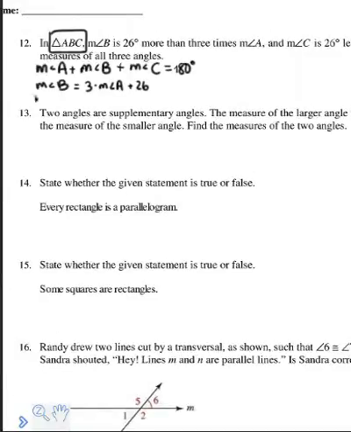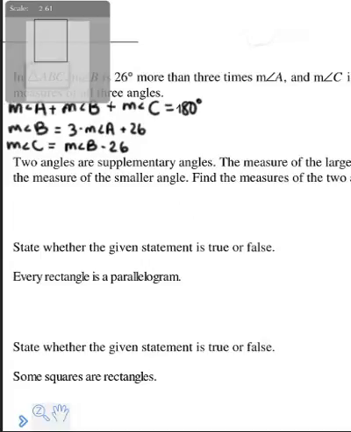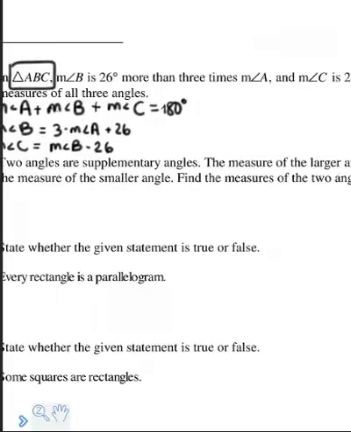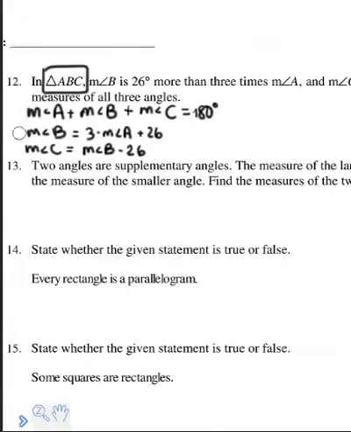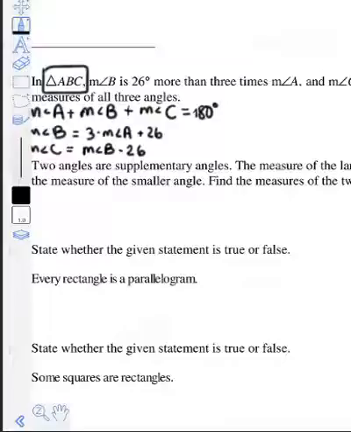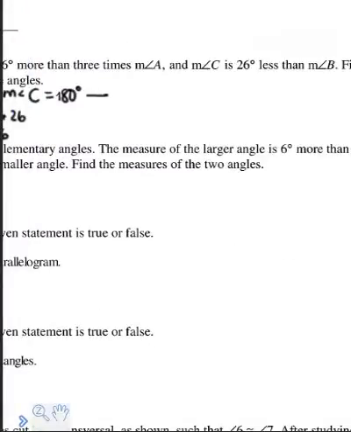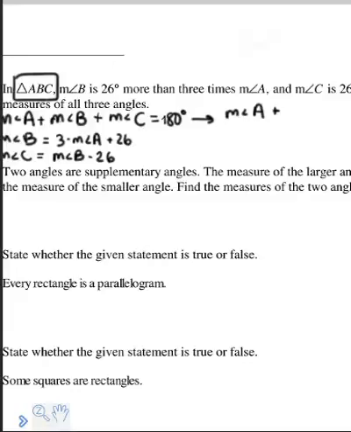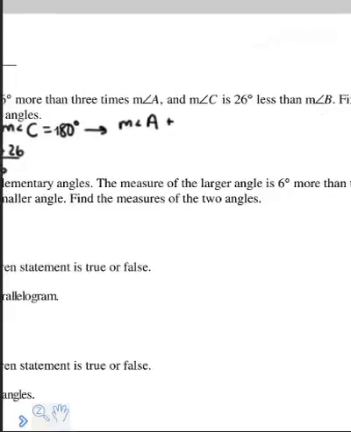So measure of angle C is measure of angle B minus 26. Okay, if we make some substitutions here into the original statement, measure of angle A plus measure of angle B plus the measure of angle C, I'm going to substitute these two expressions in there. So measure of angle A, now, instead of writing measure of angle B, I'm going to substitute this expression here for the measure of angle B. So 3 times the measure of angle A plus 26.